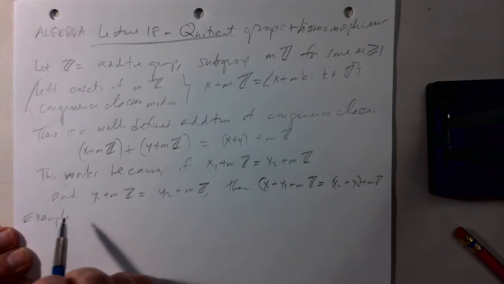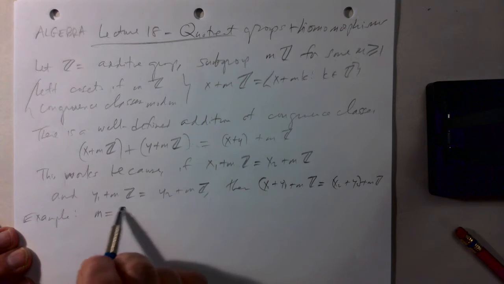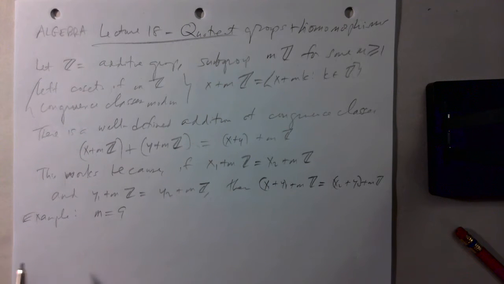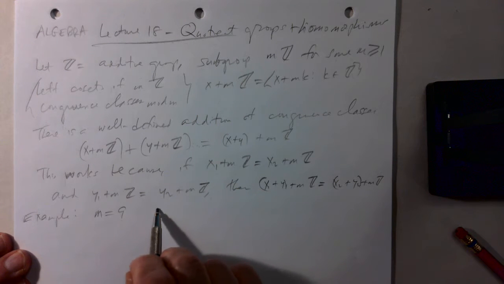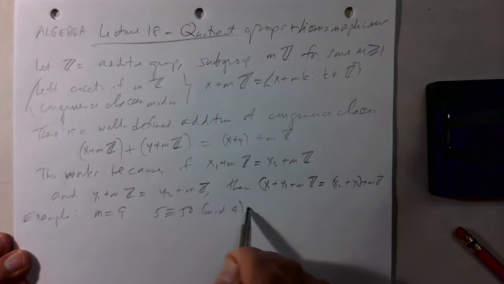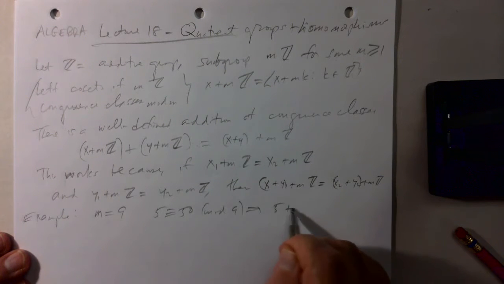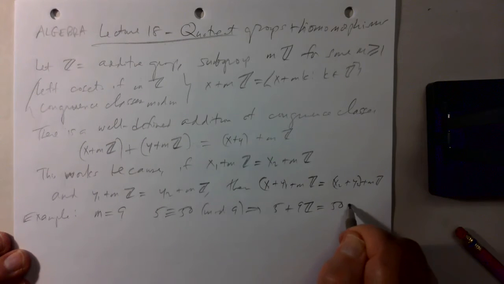Let me just write down an example to show what I mean. Suppose we take the modulus m to be equal to 9. So we have, for example, that 5 is congruent to 50 mod 9. So the congruence class of 5 is the same as the congruence class of 50.